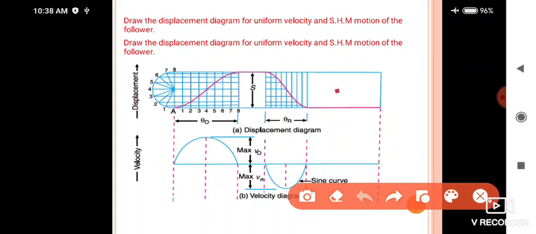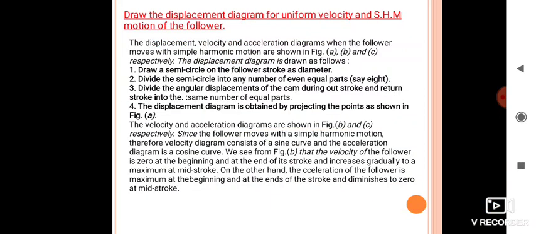So this definitely they will ask for 10 marks. Only the procedure you have to write. Whatever you are drawing, the displacement diagram as well as the velocity diagram, after drawing those you just write the procedure that is given in these notes only.